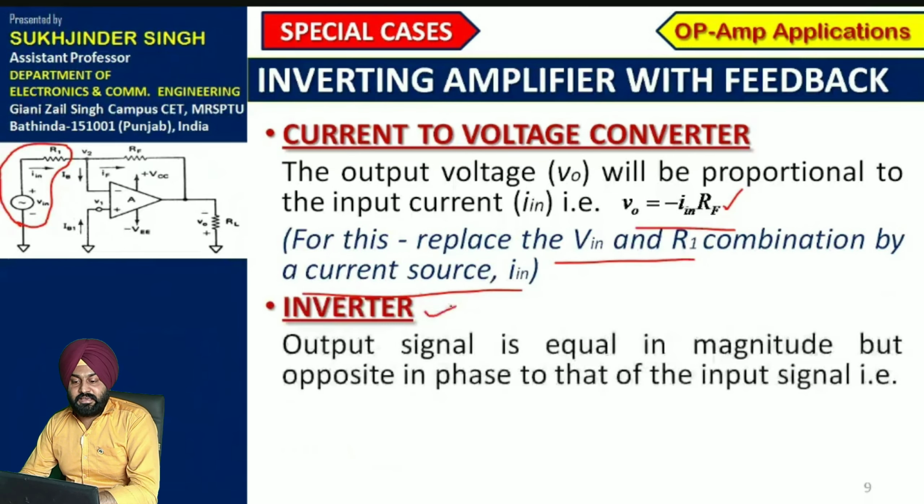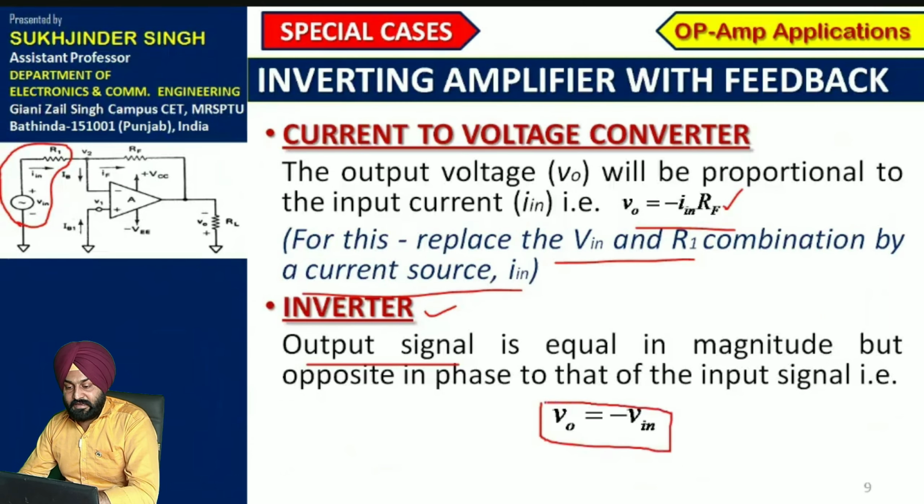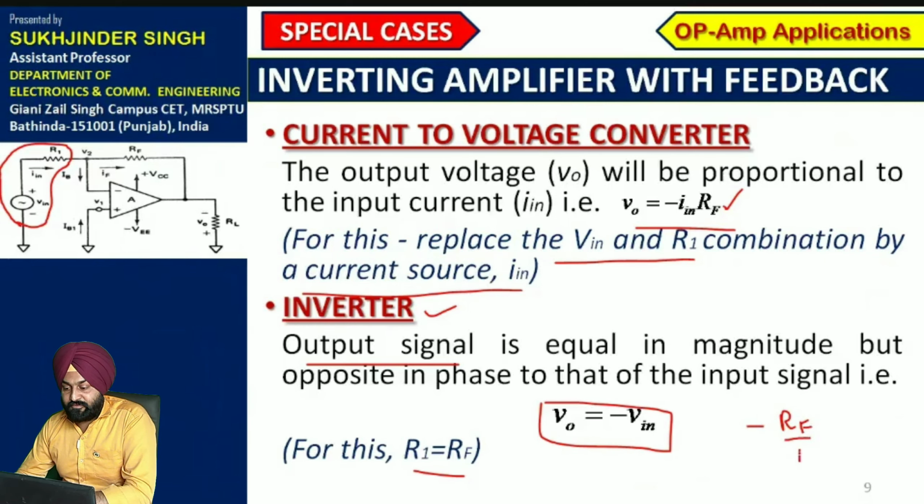Another special case is the inverter. How can we define an inverter? In the case of an inverter, the output signal is of equal magnitude but opposite in phase to that of the input signal. So we can mathematically write it as V naught is equal to minus V in. For this we have to keep R1 the same as RF, because as we know its gain is minus RF upon R1.